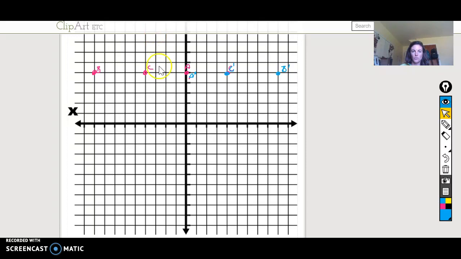Okay, so our A value is still on that y-axis, but now it's down here at a negative 5. Let's draw that. So this would be A double prime, and C is still at the positive 4, but it's also at negative 5, and B double prime would be at a positive 9 and still negative 5.